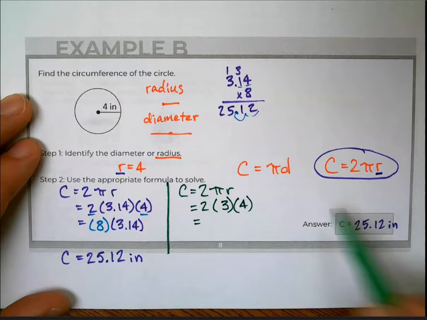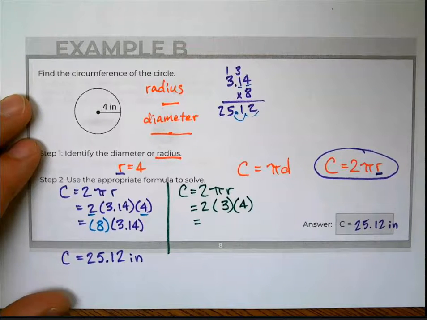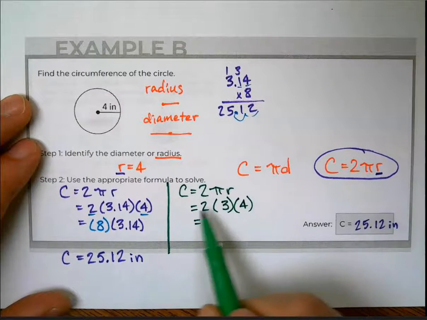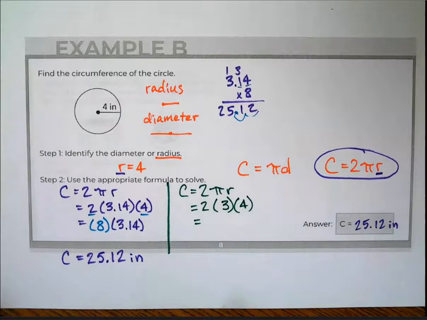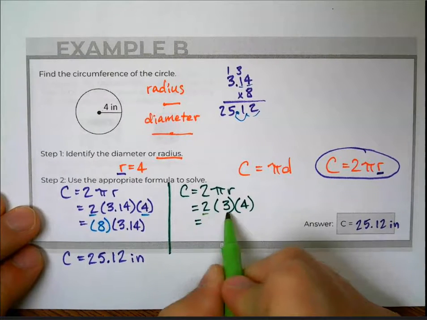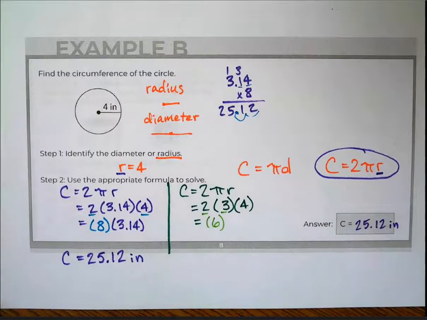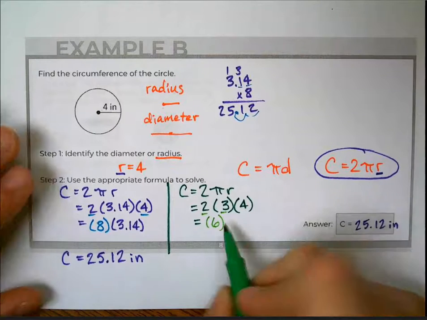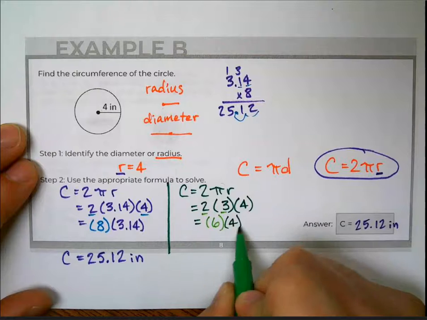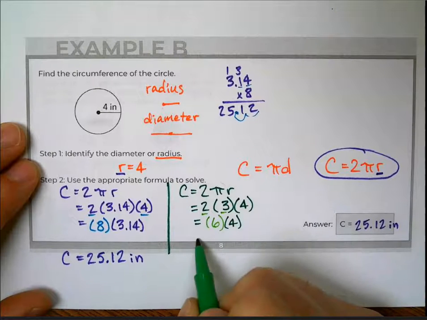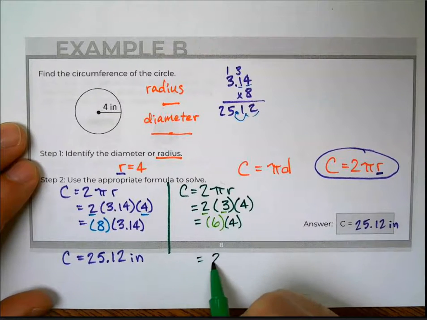Okay, now multiply in any order. Now that there's no decimals, I can really just multiply from left to right. 2 times 3 gives me 6. Then I bring down this 4. And 6 times 4 gives me 24.